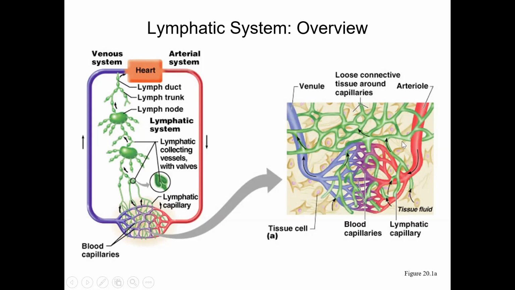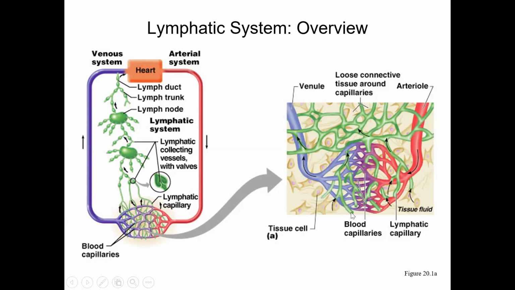This diagram shows you the lymphatic capillaries compared to the blood capillaries. If you remember, this blue and red part is the blood capillary bed, and these green ones are lymphatic capillaries. Do you see a difference between the lymphatic capillaries and blood capillaries?